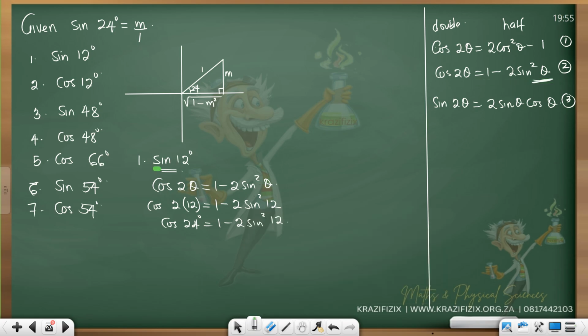Now check. Since I'm looking for sine 12, do you notice my sine is there? Yes, sir. Okay, make this theta 12. Anywhere I see theta, I should put 12. Can you see theta is 12? Yes, sir. Good. What is 2 times 12? 24. Good. The idea is to get my 24.